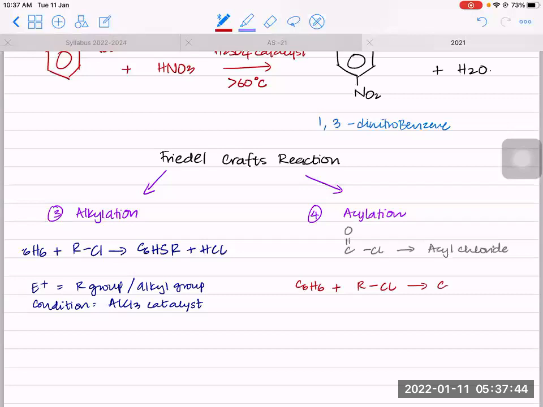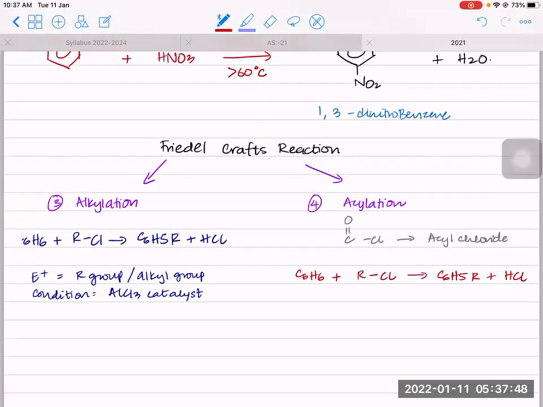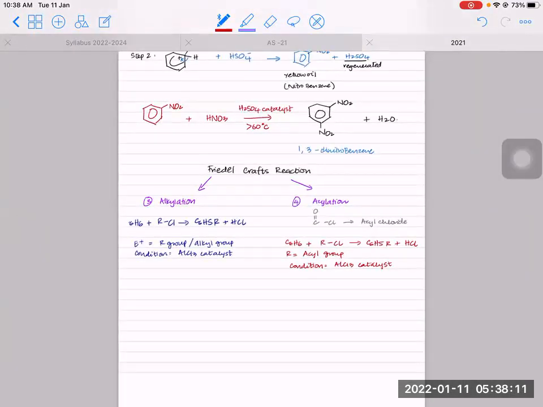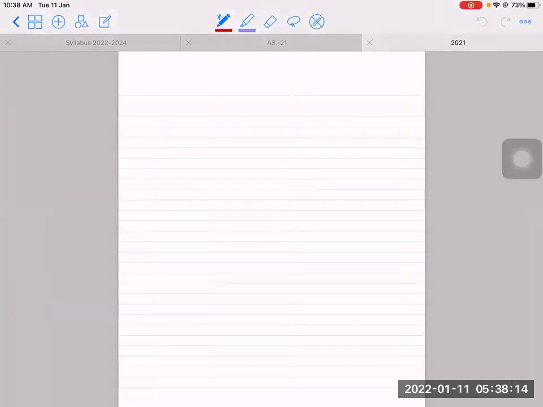And this will become C6H5R plus HCl. Here, the R is the acyl group. Yes, it is not alkyl, it is the acyl group. And what will be your condition? Again, we will require a catalyst for this reaction. So you will require AlCl3 catalyst. Clear?